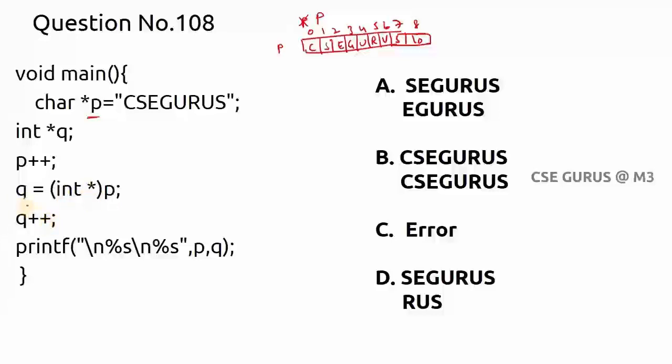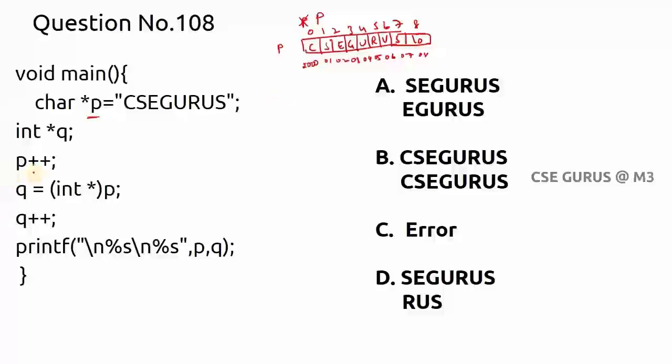Now what is the q value? That is type conversion of your pointer data type. This address is a character data type, each takes 1 byte. That's why this address is 2000, this will be 2001, this 2002, this 2003, this 2004, this 2005, and so on.